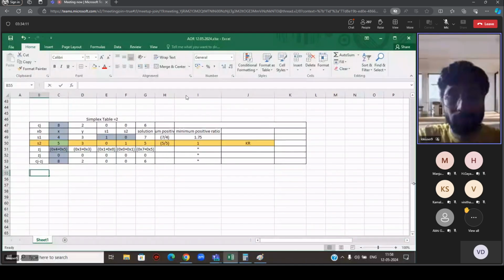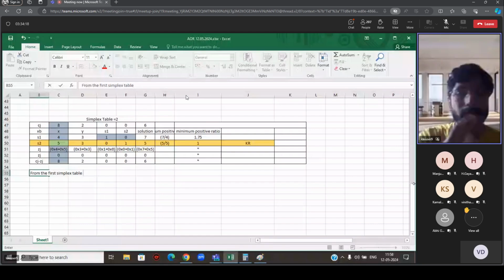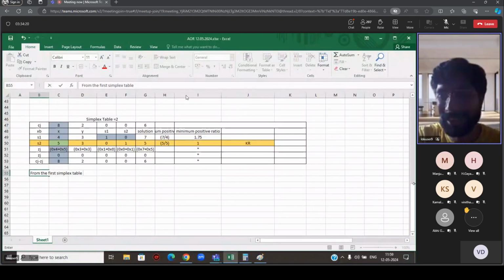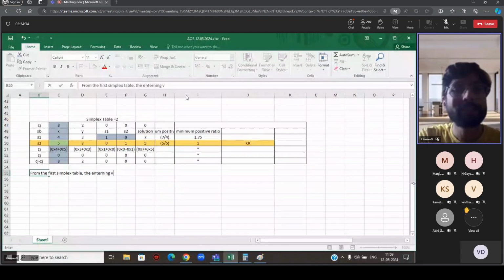So what I have to do here, from the first simplex table, the entering variable is X and the leaving variable is S2.